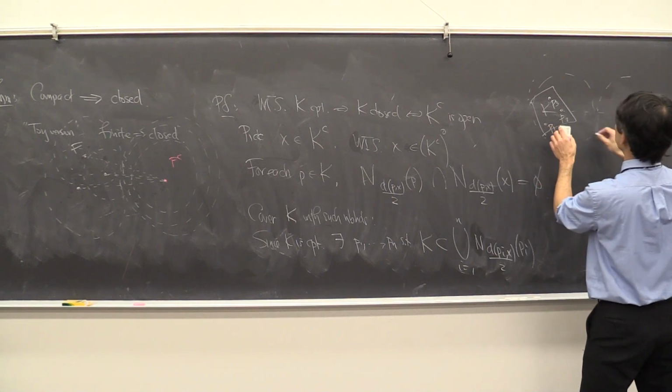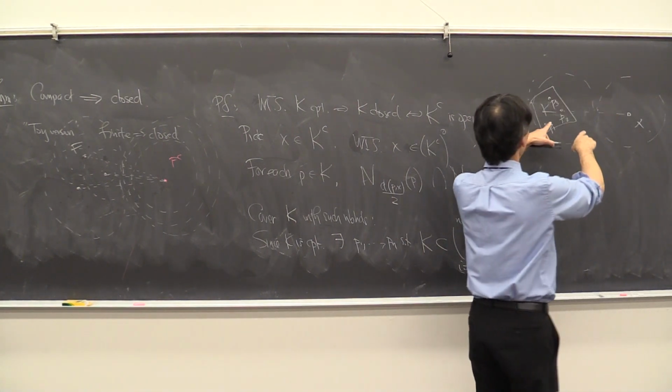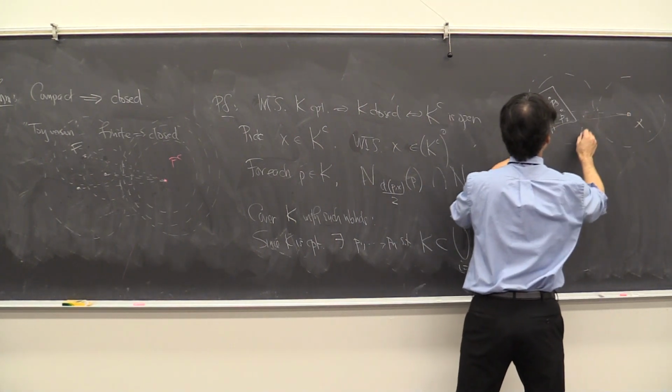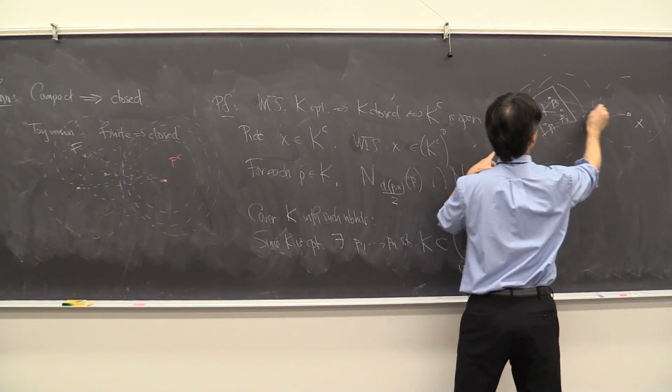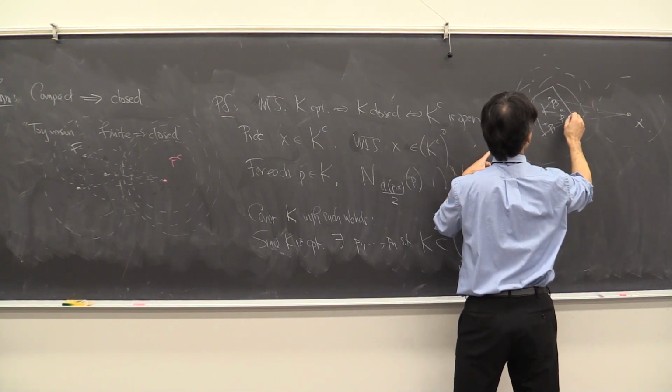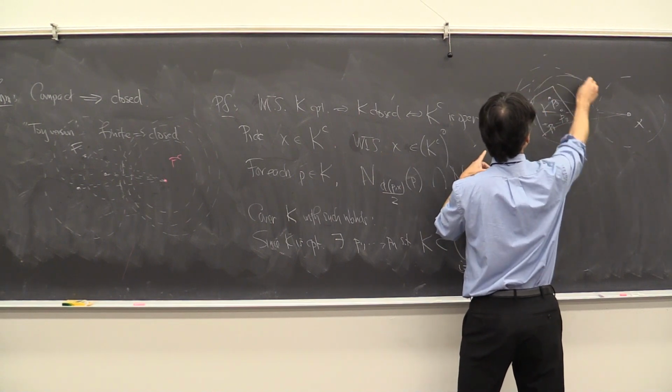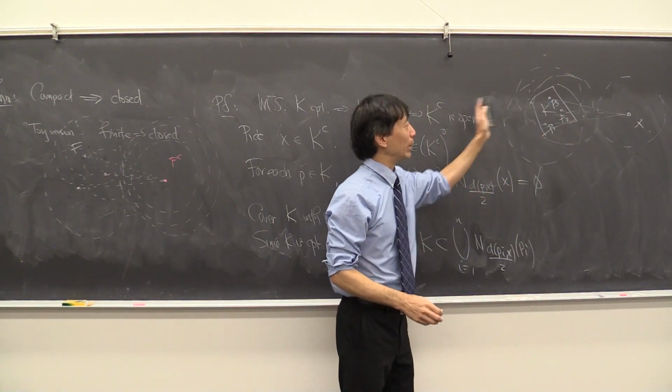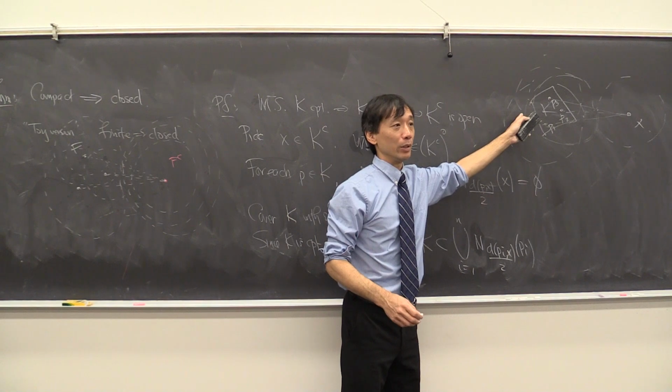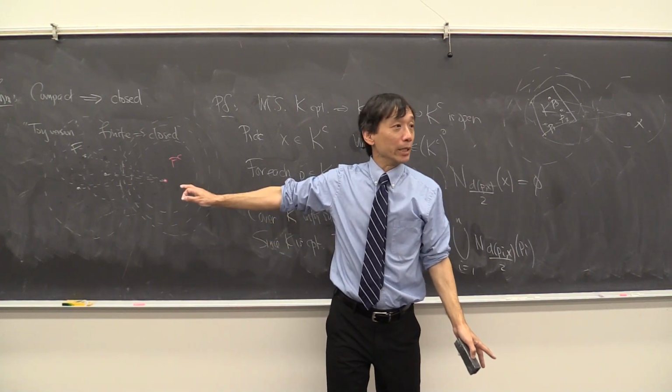where the union of these half distance neighborhoods still covers all of K. So imagine there's only three neighborhoods. Now we're back in the finite case.